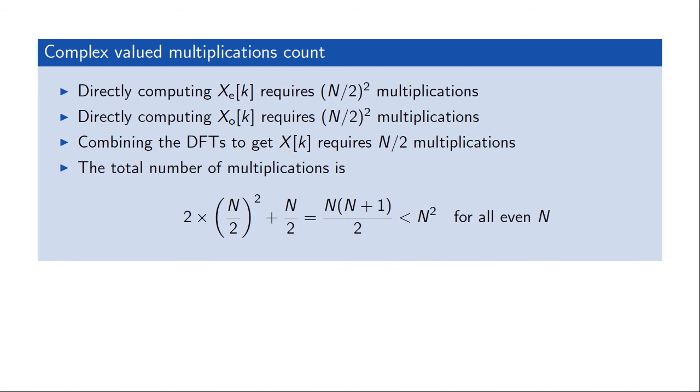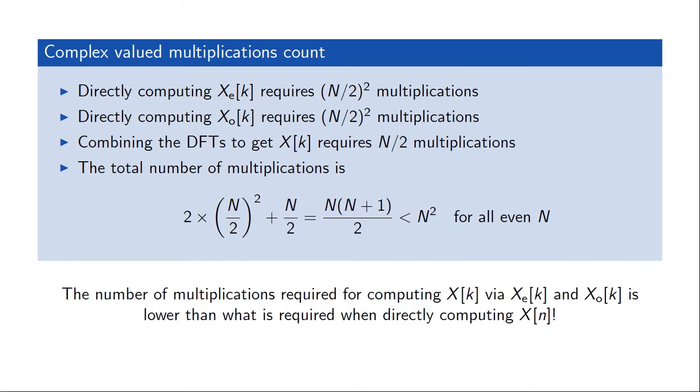And it's quite simple to see that this would be strictly lower than N squared for all even values of capital N. So what this implies is that if we first compute the DFT of the even terms, and then we compute the DFT of the odd terms, and combine them using the previous derivation, then we will actually have to spend a lower number of complex multiplications than if we had computed X of k directly based on the definition of the discrete Fourier transform.